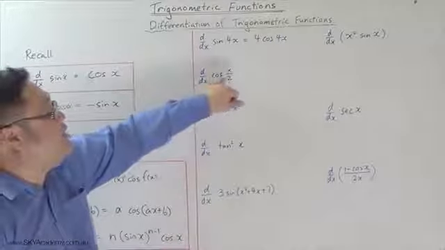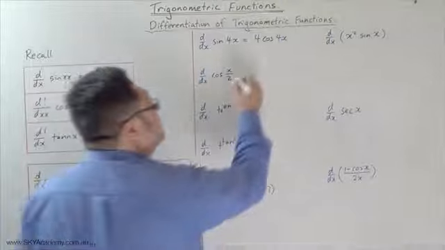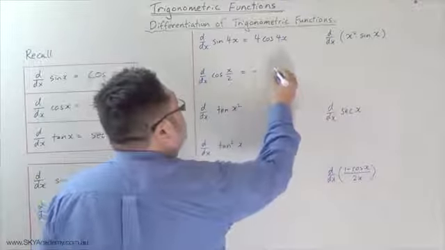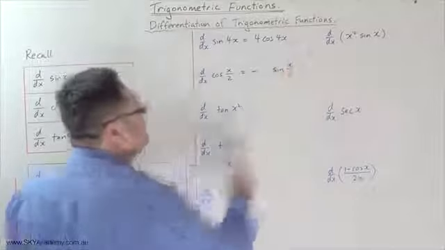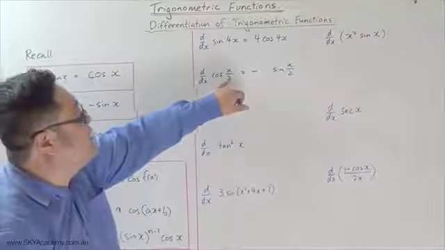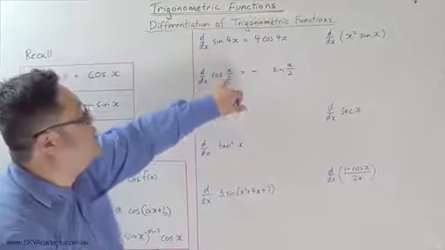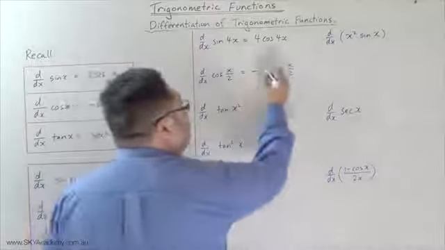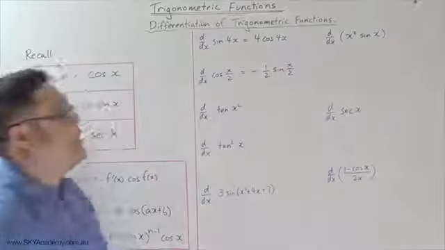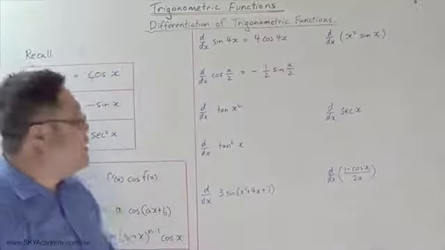Same thing here: the differential of the outside function cosine is minus sine, and the angle is x on 2. The differential of the inside, x on 2, is a half, so you need to multiply that out the front. Got that?